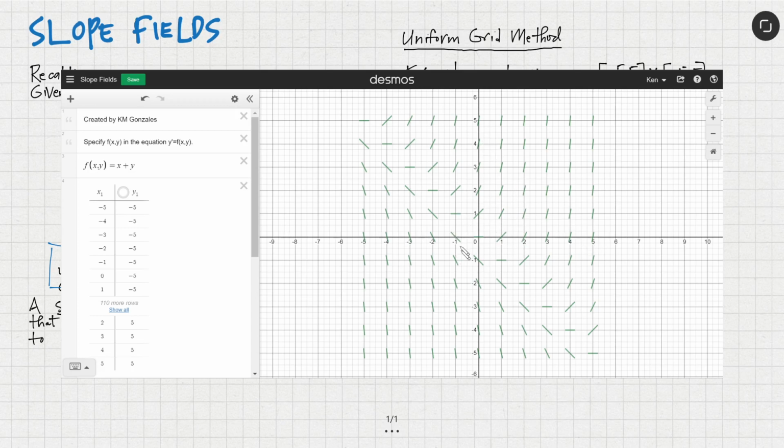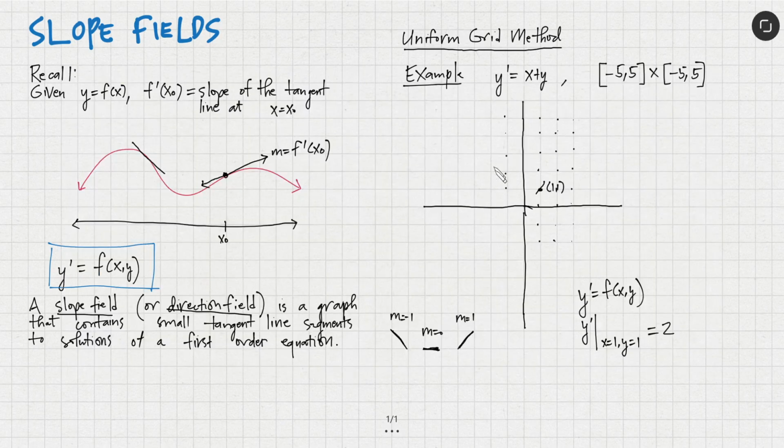So, ito dapat yung makuha ninyong slope field. Itong point na to na x equals 1, y equals 1, ito yung na-drawing natin. So, that's the uniform grid method.